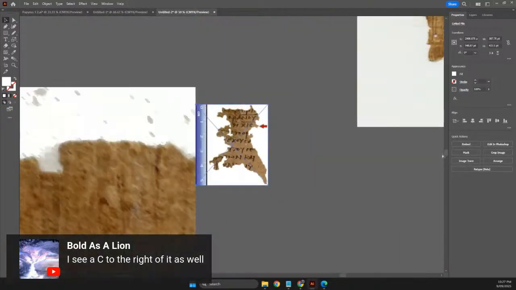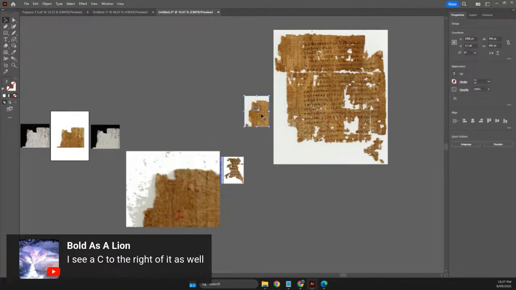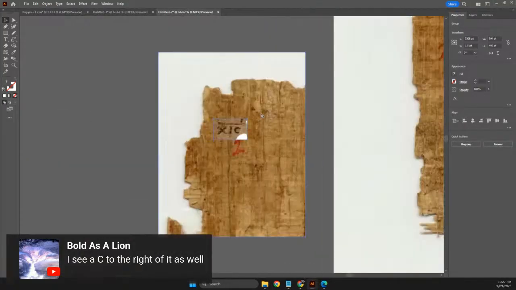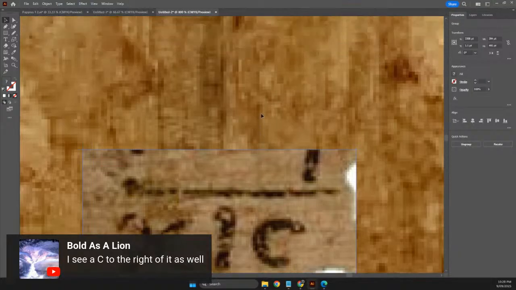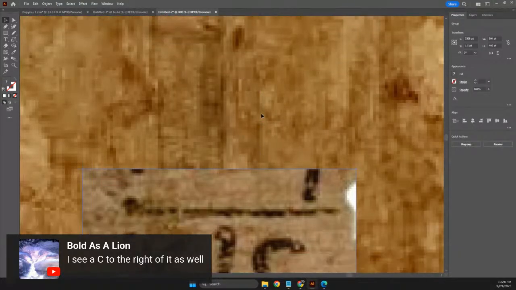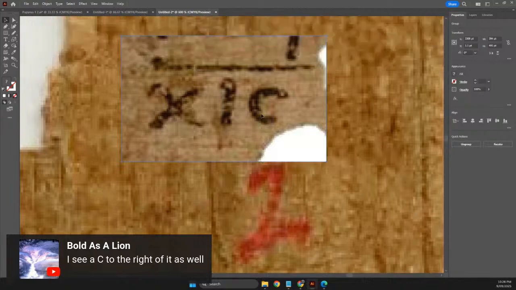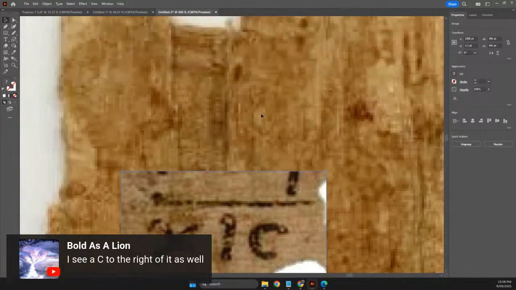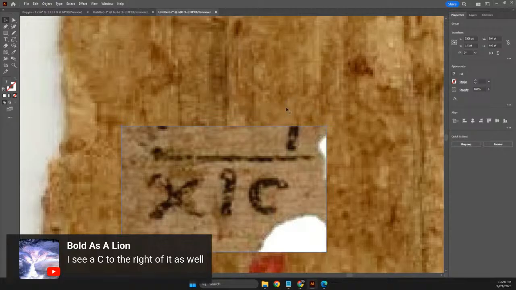Let's go back. Let's go to this one. Zoom into there. It's better. Go two spaces over the same line.